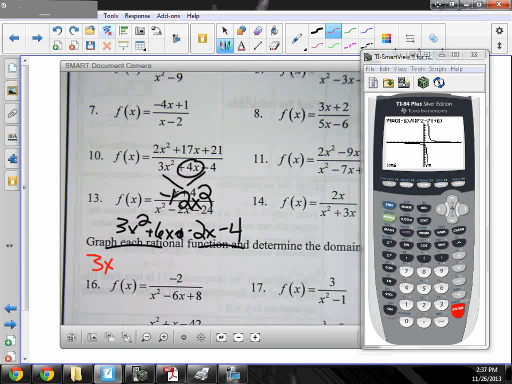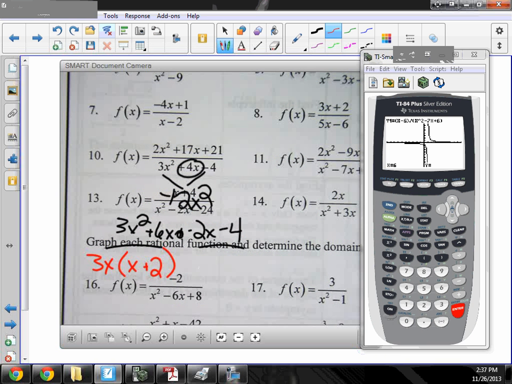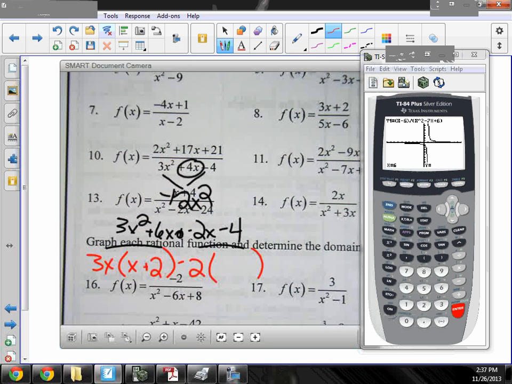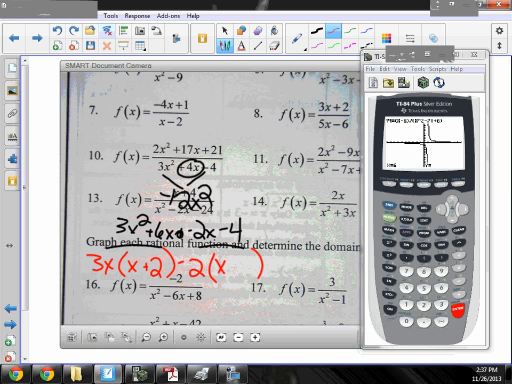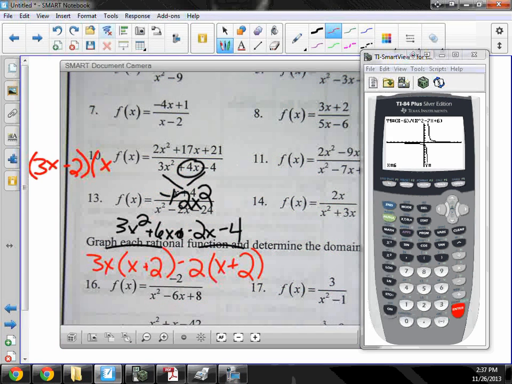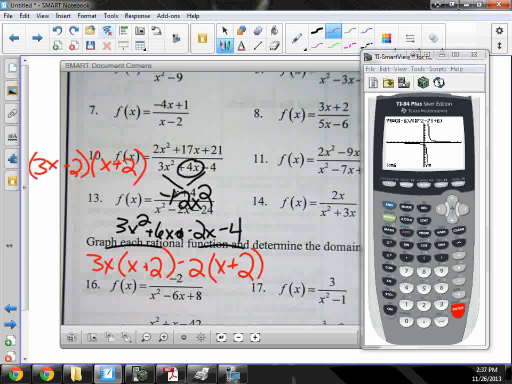What's left? X plus 2. Can I pull anything out of that second set? Negative 2. What's left? X plus 2. So on the bottom, 3x minus 2 is one factor, and x plus 2 is another factor.